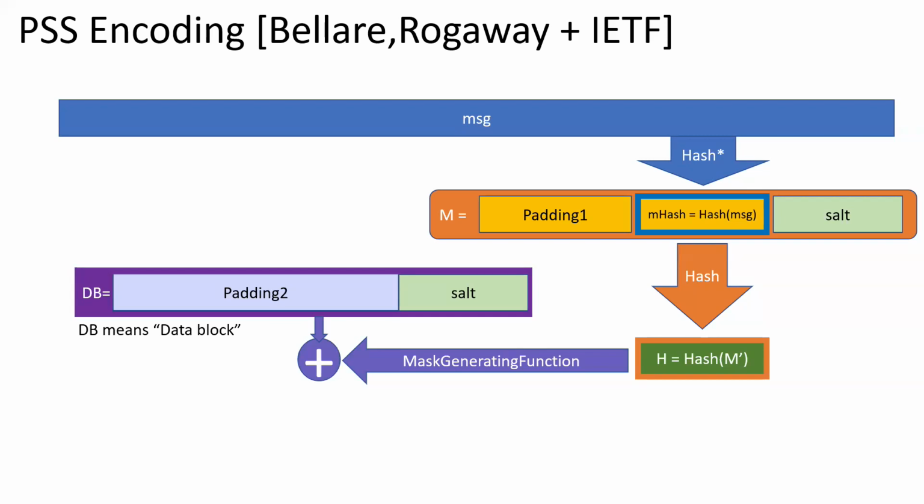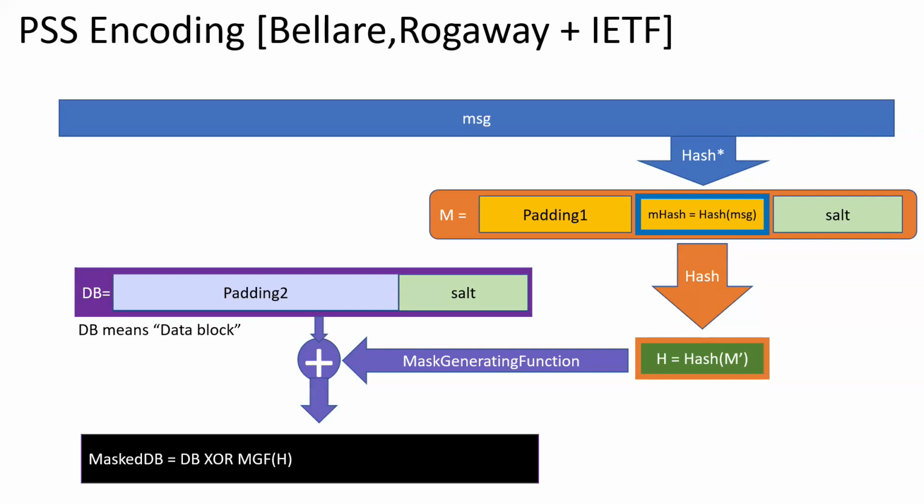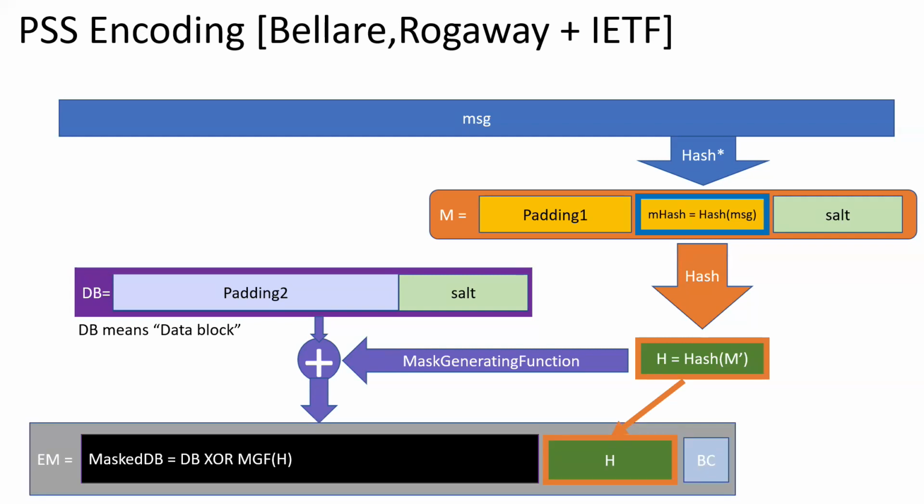You XOR that with salt with some other padding, and then that's your masked salt. DB means data block, but it's really the mask of your masked salt. And then you stick that H in, and then there's just a few bytes, BC, 2 bytes. And then that is your encoded message. So that's how PSS encoding works.